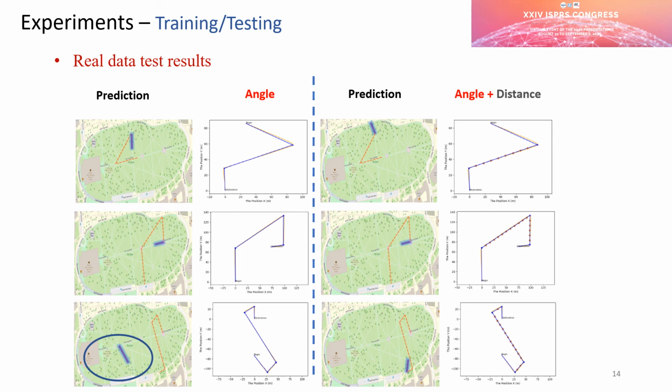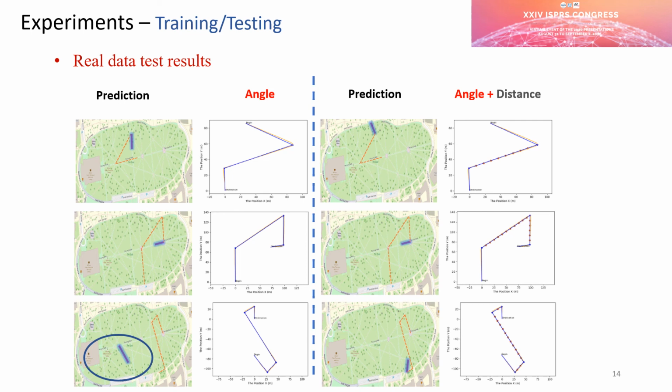You can see in the third row, there is one falsely predicted location. The right side trajectory is encoded by angle and distance. You can see we inserted some virtual nodes between nodes. The prediction results are all correct in these three examples.